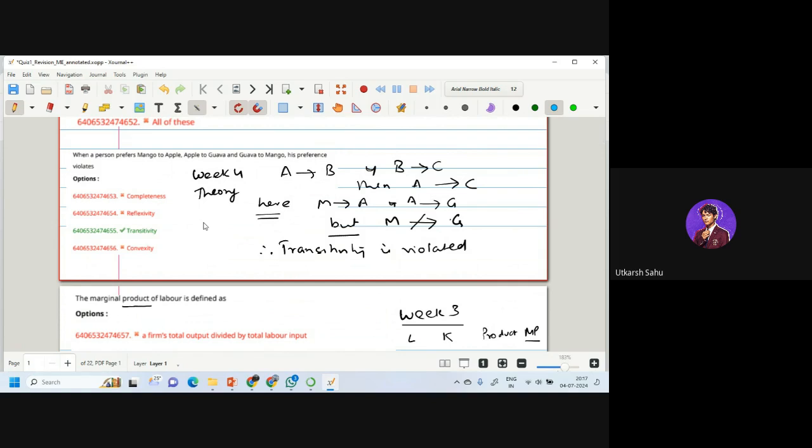So reflexive, I think, is like if you give f of a, then you get some output b. Then it's like opposite, f of b is also giving a. Transitivity is something where from A you go to B, then B to C. So similarly, reflexivity is like opposite. So f of A is f of B, then f of B should be f of A, something like that. Okay.